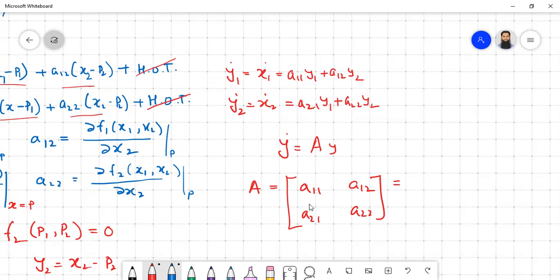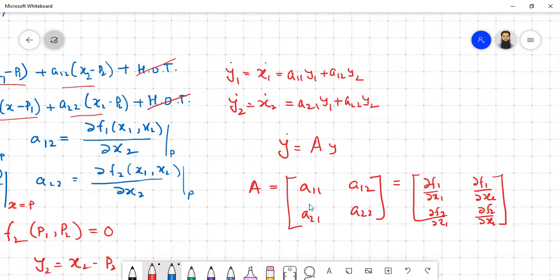Or in partial derivative form, you can also write del f1 by del x1, del f1 by del x2, and then del f2 by del x1, and del f2 by del x2.